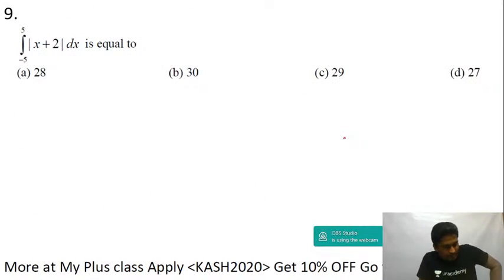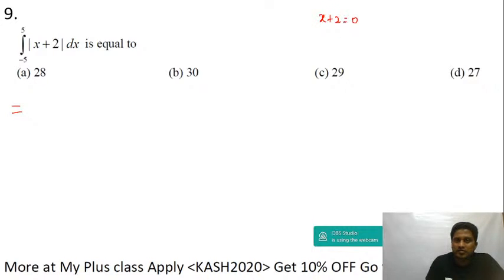The integral from minus 5 to plus 5 of mod of x plus 2 dx. See, if I equate x plus 2 to 0, I get the root as minus 2.